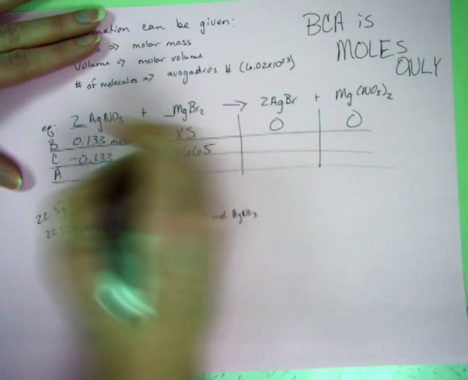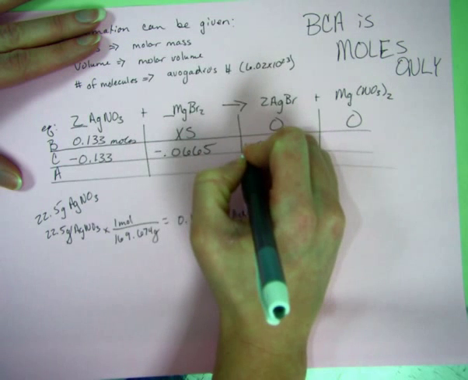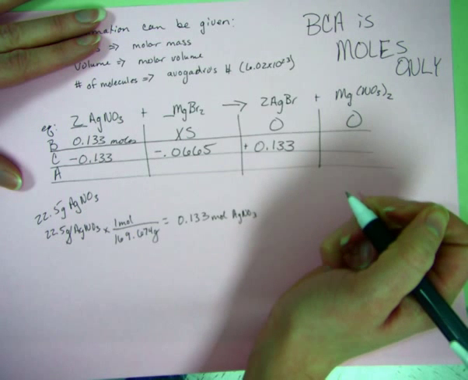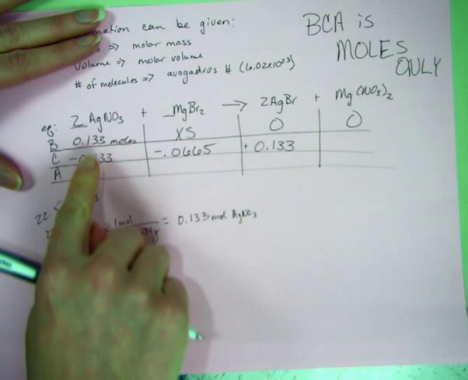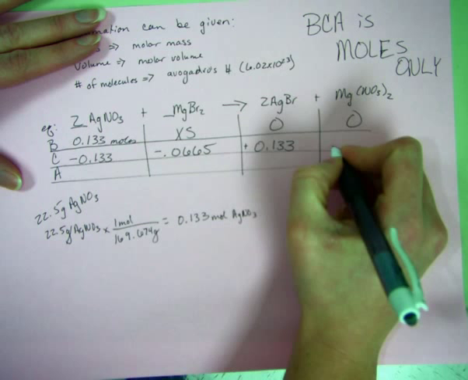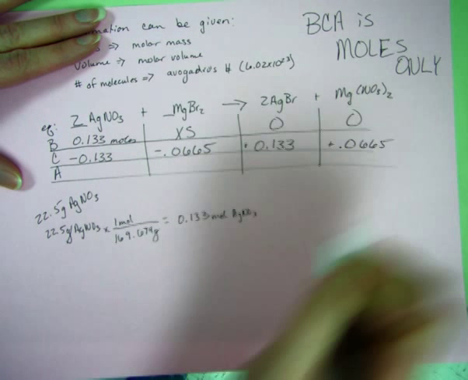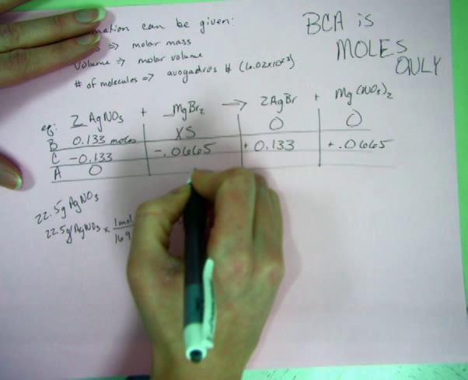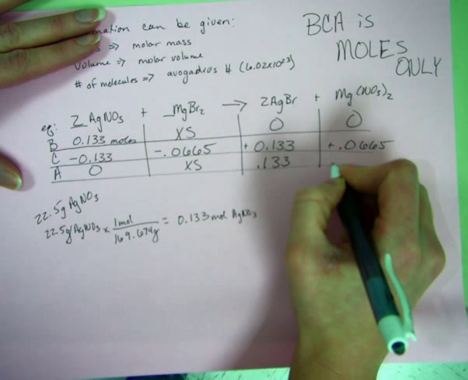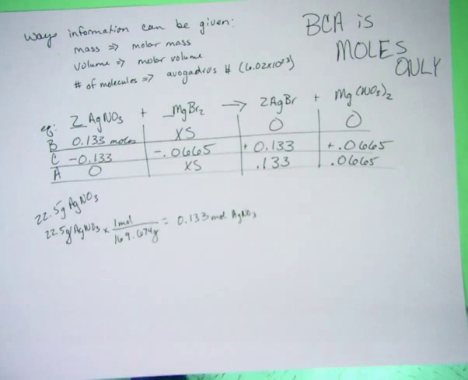Since this is 2 and 2, this would be a plus 0.133, and then again we have this times the coefficient divided by the coefficient. We would get positive 0.0665. Do our math: 0, excess, 0.133, 0.0665.